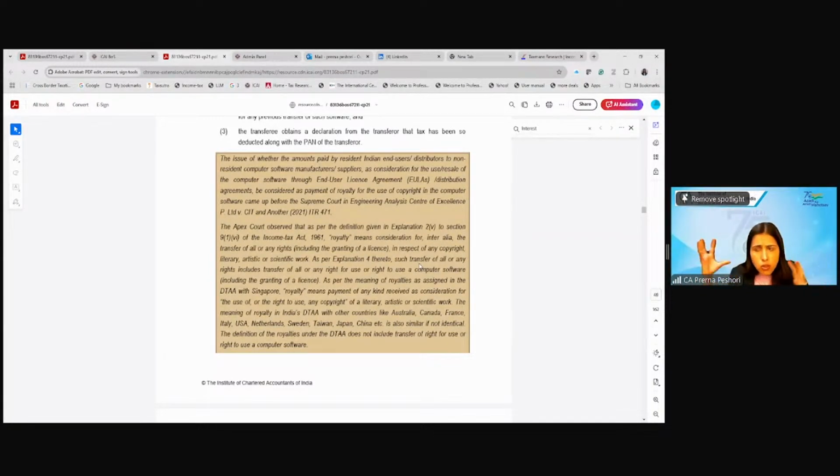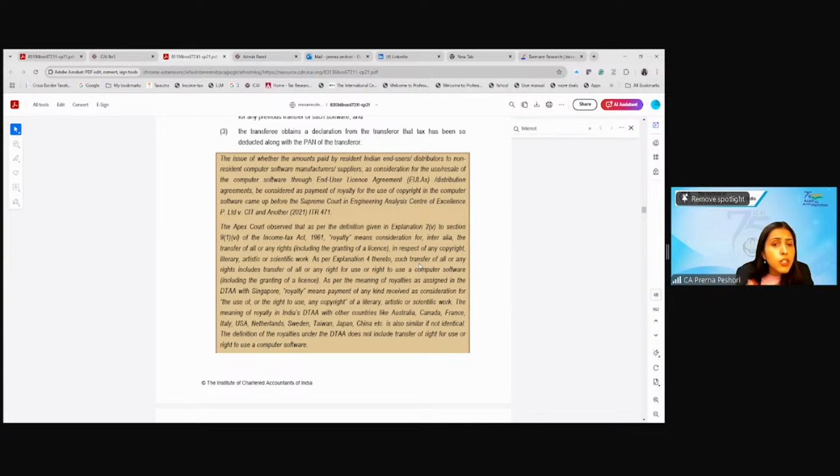Any company, Tally also has done the copyright. Otherwise, everybody will copy the code of Tally and make another Tally. Right? So the Supreme Court examined this question in the light of the tax treaties. It is not talking about the Income Tax Act. In the Income Tax Act, it is very well clear that any payment which you make for using computer software, wherein you don't have any right in the software to change the code, you are just purchasing a copyrighted product, copyrighted software, still it will constitute royalty. So when you make payment to Tally, when you make payment to Microsoft Office, it is a license fee. It is a royalty.